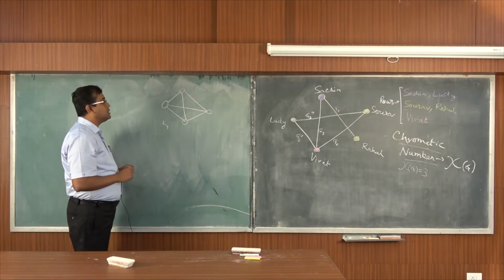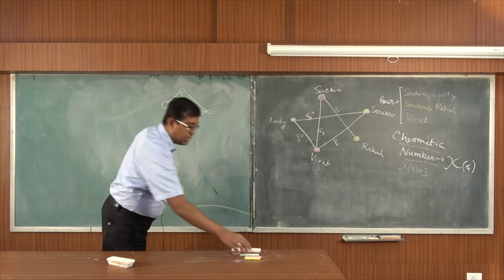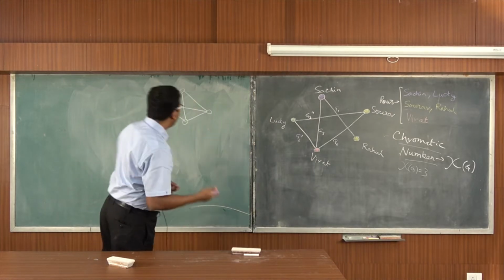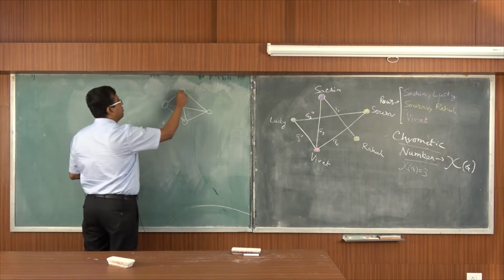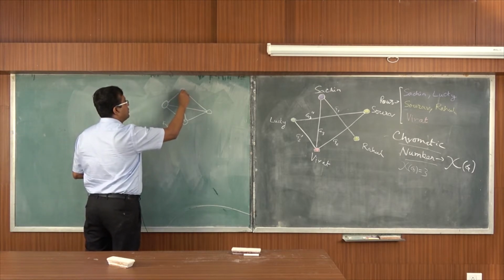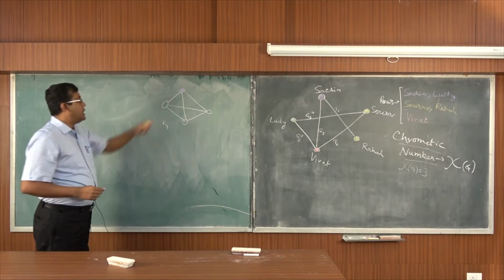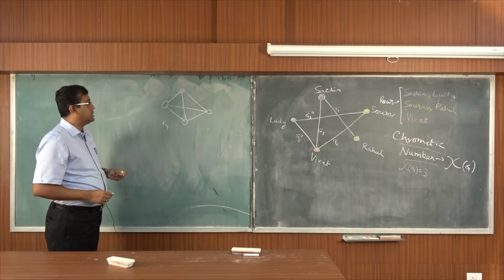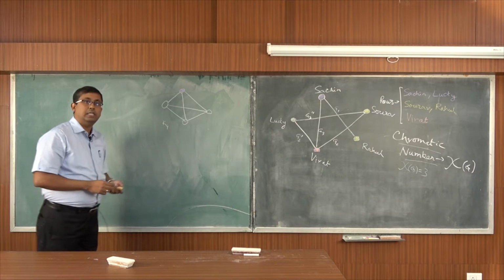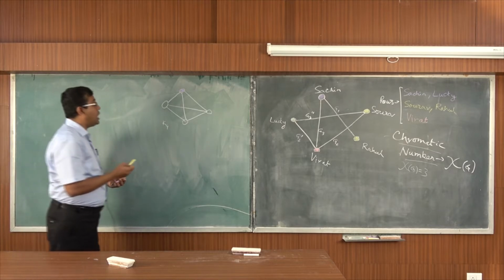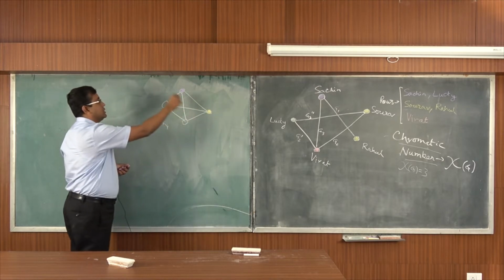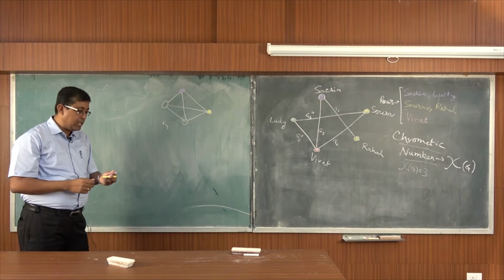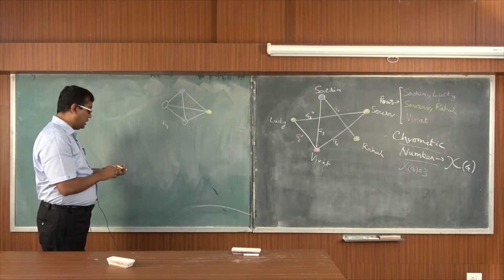Now, as you can see, since all the 4 vertices are adjacent, if I start putting colors on the different vertices, violet has been put on the first vertex, so I cannot put violet on any other vertex. Now I put yellow on the second vertex, but the other 2 vertices are also adjacent to this vertex, so I cannot use yellow again.